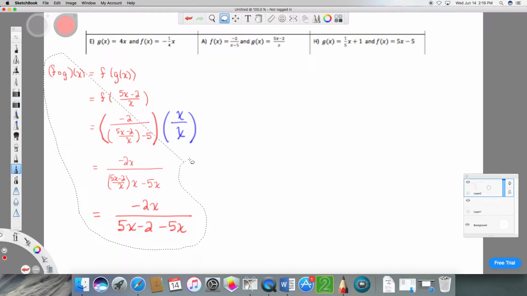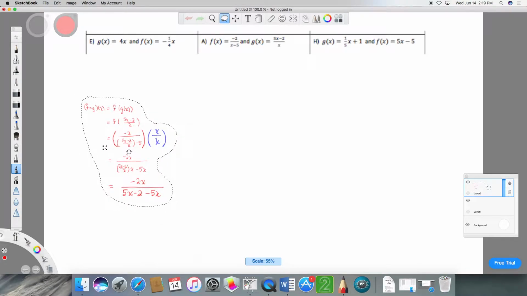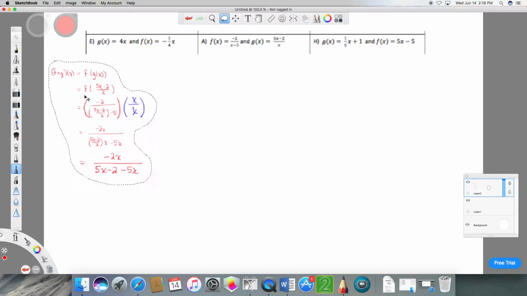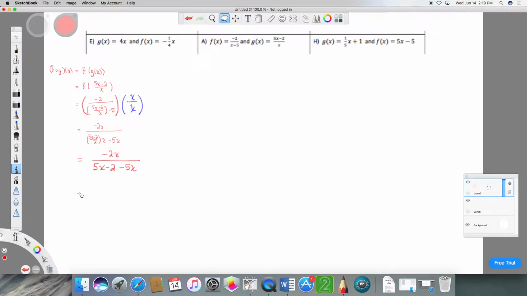The 5x minus 5x, those like terms, cancel each other out. So in the denominator, we're left with negative 2. We have negative 2x in the numerator. These terms cancel, and negative 2 in the denominator. Negative 2 divided by negative 2 is positive 1, so this reduces to x.